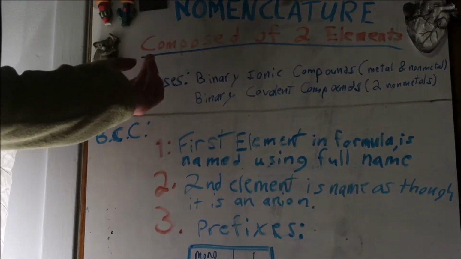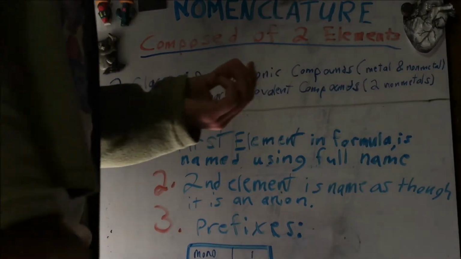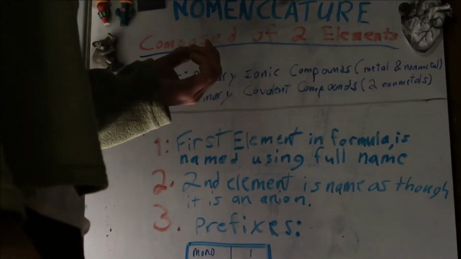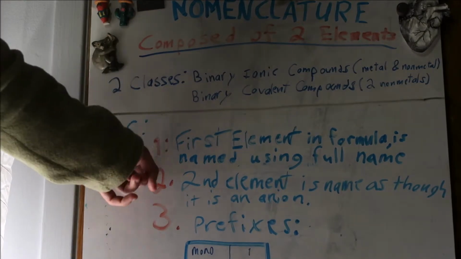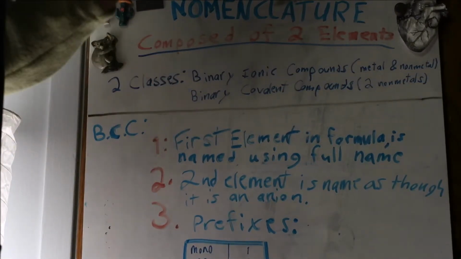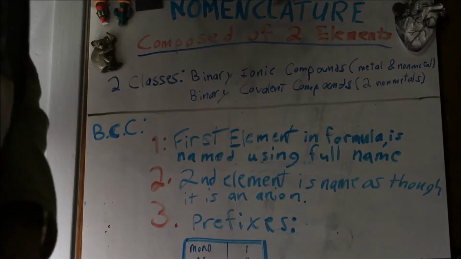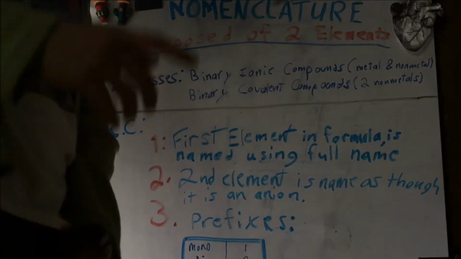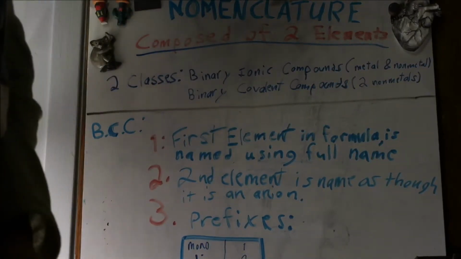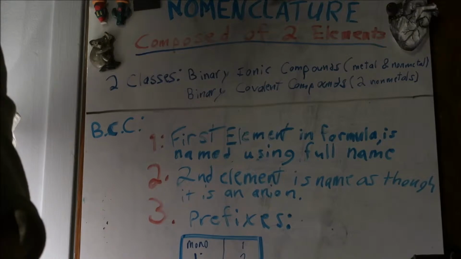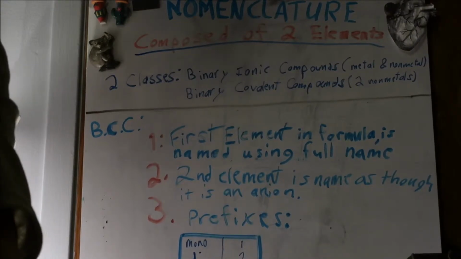So C would be carbon. That's basically it for that. The second rule is that the second element is named as though it is an anion, which means that it has IDE at the end.